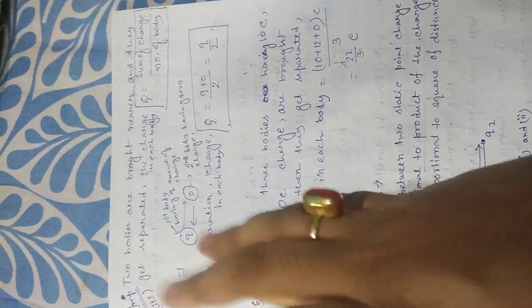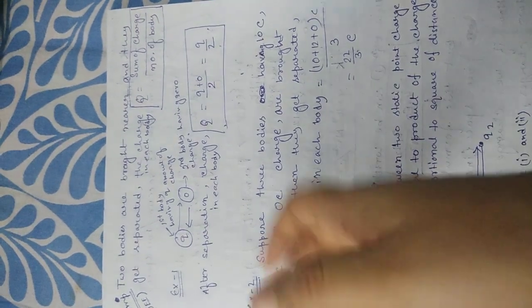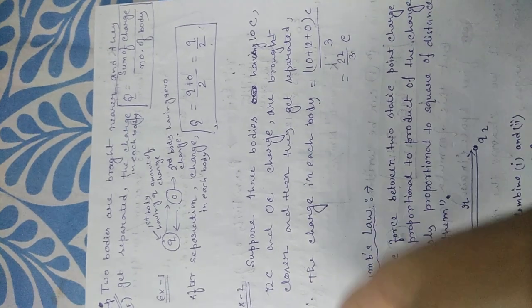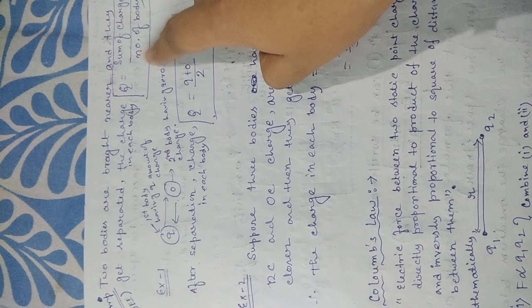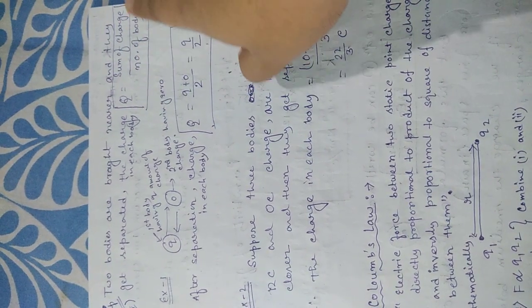Now one question comes from this concept of charging. Two bodies are brought nearer, and then they get separated. Then what is the charge on each body? This is a simple formula: Q equals the sum of charges divided by the number of bodies.